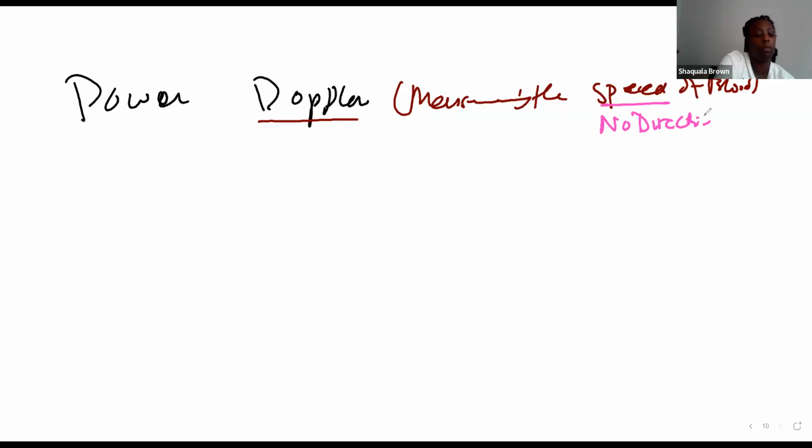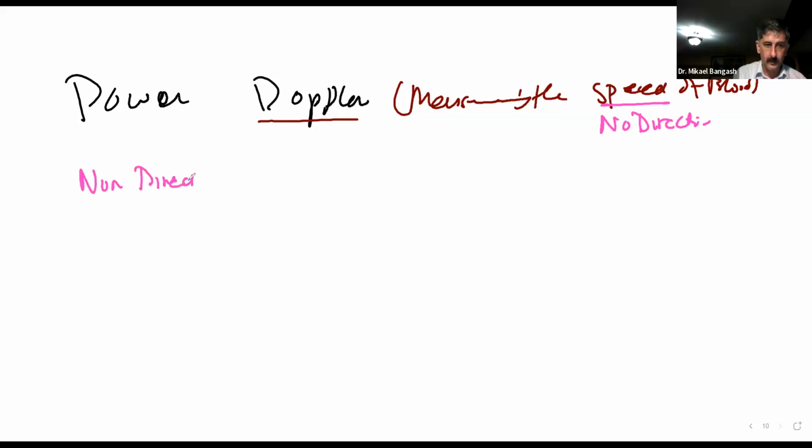Yes. Now, since there is no direction, that's why they also call it the non-directional Doppler. When there's no direction, that may mean there's no positive Doppler shift, and likewise no negative Doppler shift.